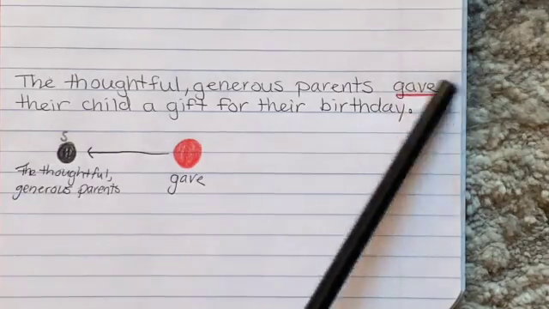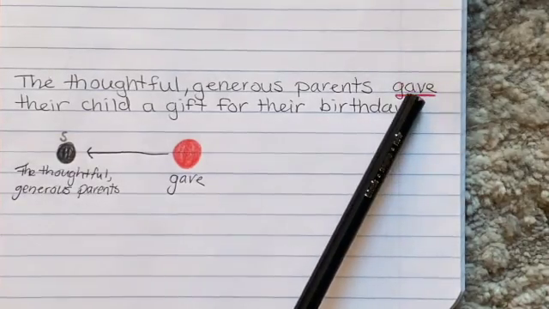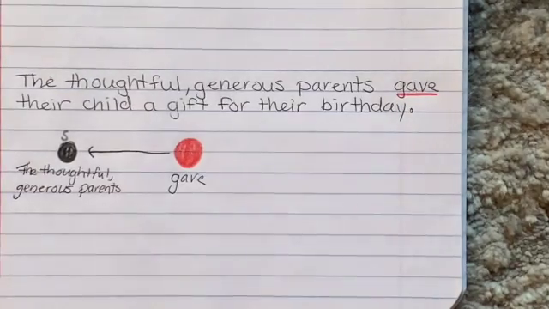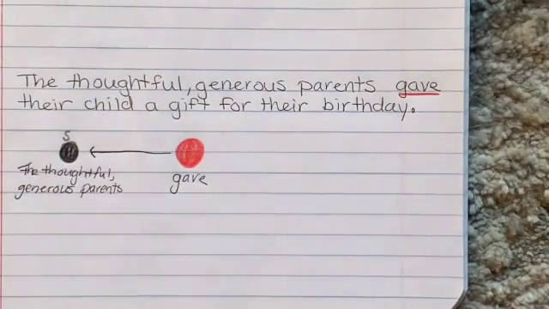So the verb gave needs a direct object. It needs an object to transfer the giving. Gave what? A gift for their birthday.